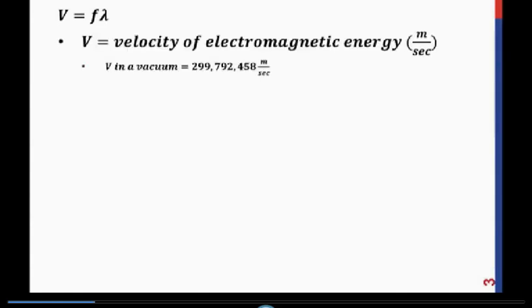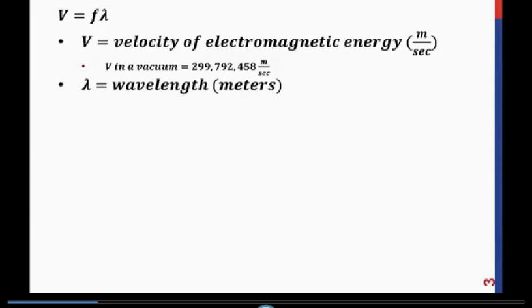From optics, that is from physics, we have this formula: V is equal to F multiplied by lambda. V is the velocity of the electromagnetic wave, which in vacuum is equal to the velocity of light, written in meters per second.